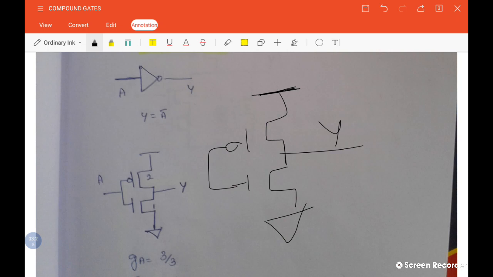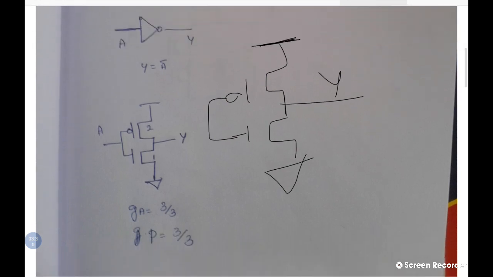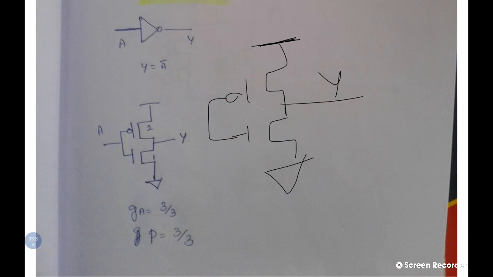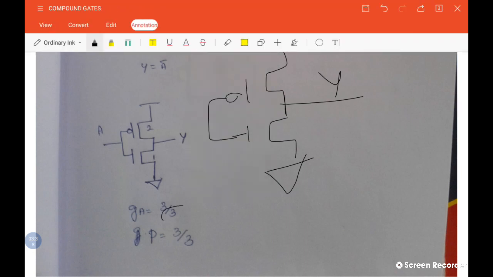The denominator is constant for any logical gate. The 3 is the input capacitance of an inverter. The upper part is the input capacitance of the gate we are choosing.